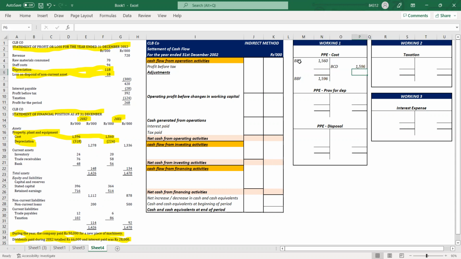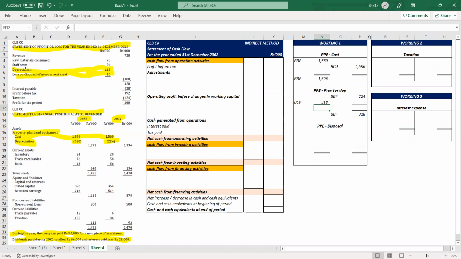We know the opening closing balance. Provision for depreciation. Opening balance 224. Closing balance 380. Opening and closing balance. So that part is done.